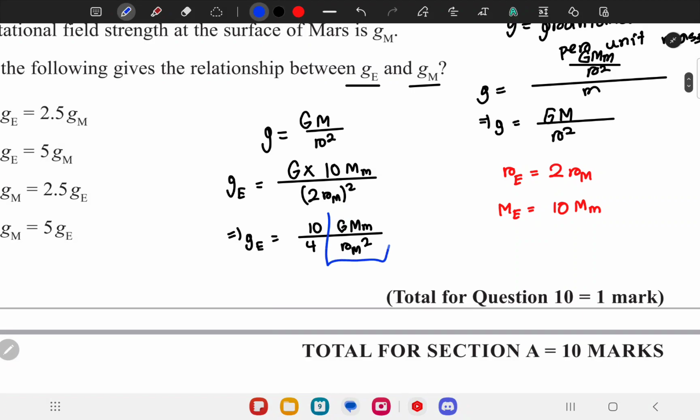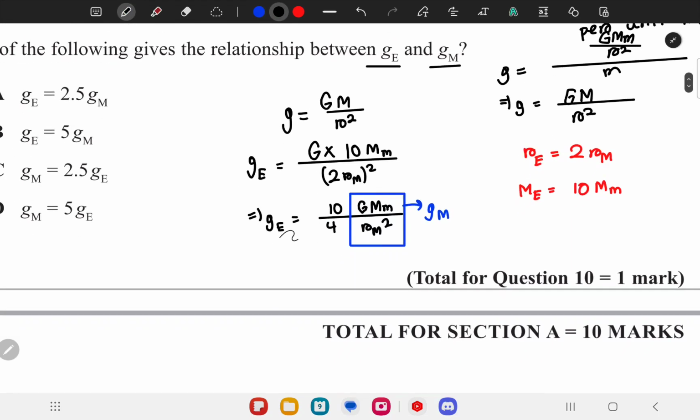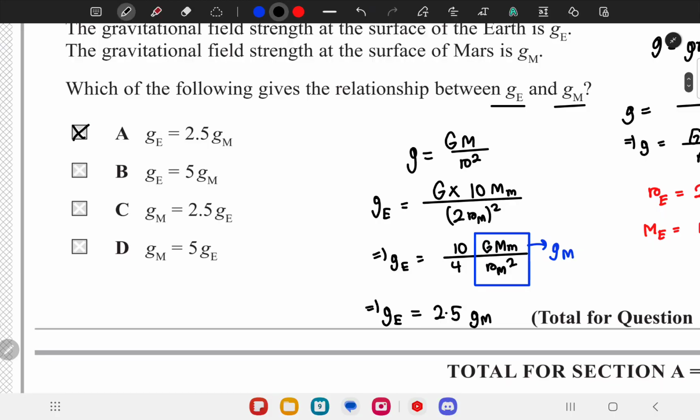If we look at this, G times the mass of Mars divided by the radius of Mars squared is the gravitational field strength at Mars. So the gravitational field strength at Earth will be 10 by 4 times the gravitational field strength at Mars. So the gravitational field strength at Earth is 2.5 times the gravitational field strength at Mars. A is our answer.